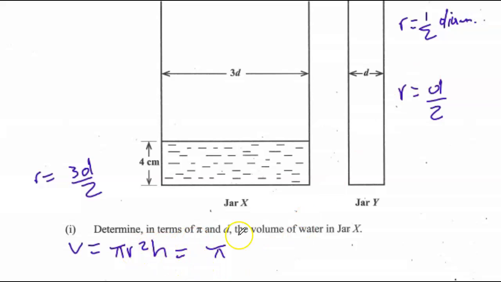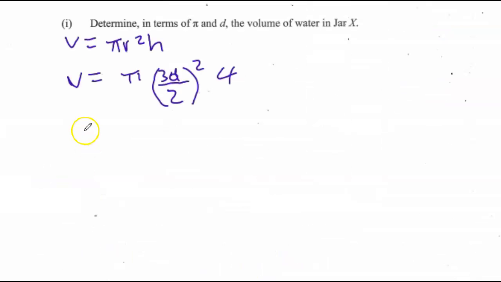So pi, and for r we're using 3D over 2. That's r, and we square r. And the height of the water in the tank, that's 4. So we can simplify this. In simplifying, we have pi, we square the 3, we get 9 d square over 2 squared, that's 4.